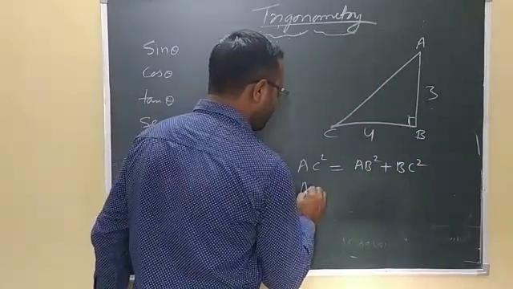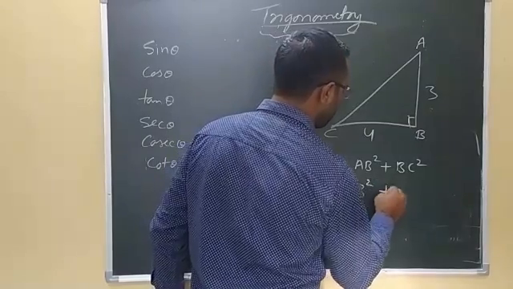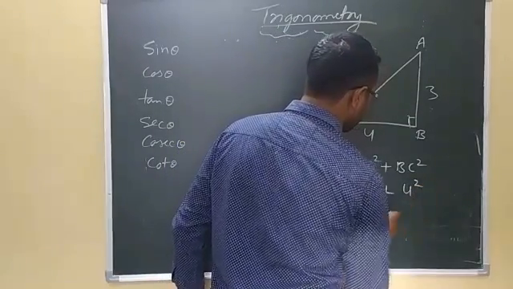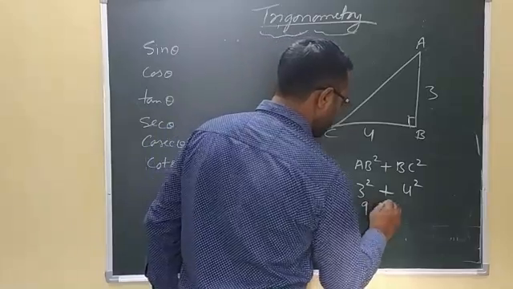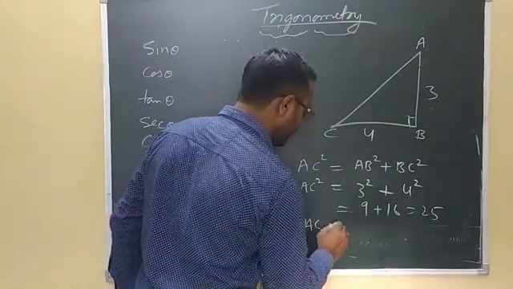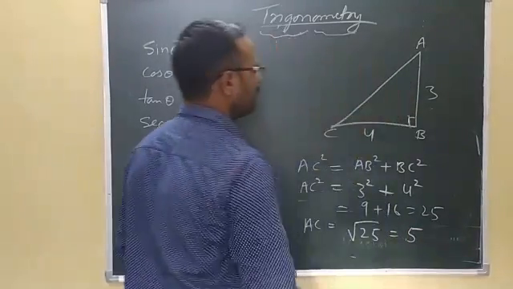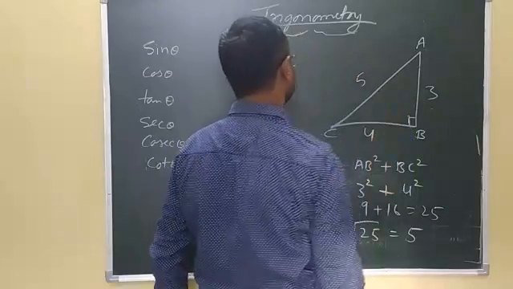AB square means 3 square and BC square is 4 square. So this is 9 plus 16, which is equal to 25. So here AC will be square root of 25, which is 5. So you can write this as 5 unit.